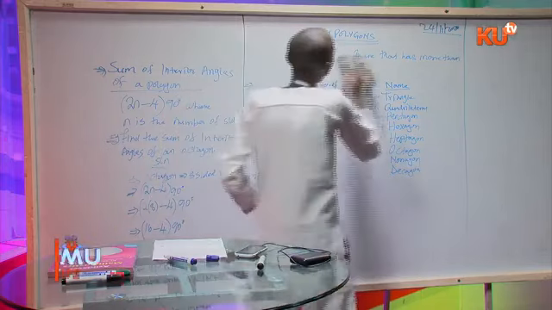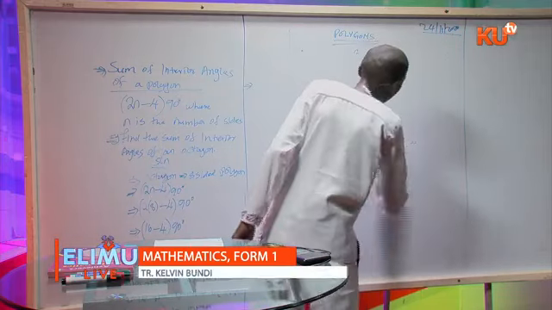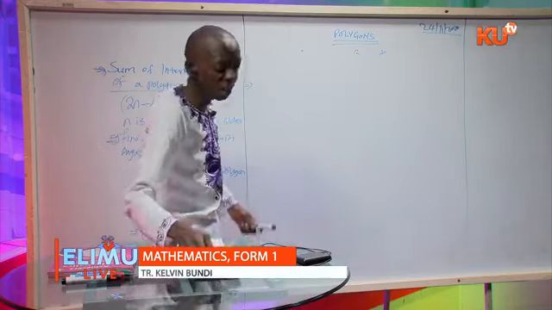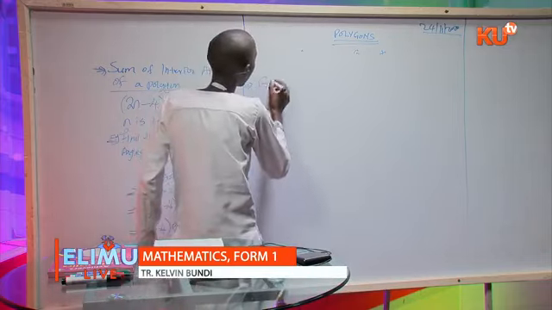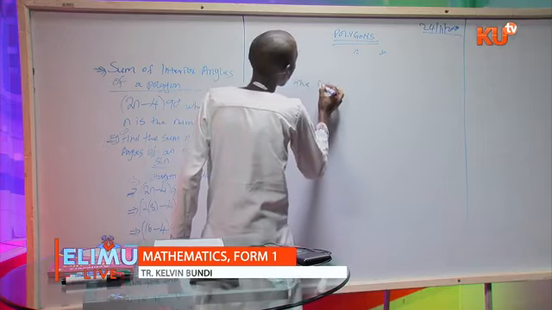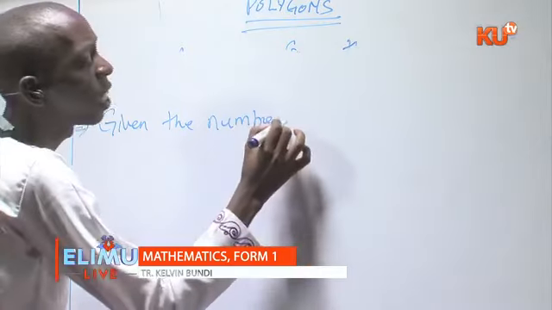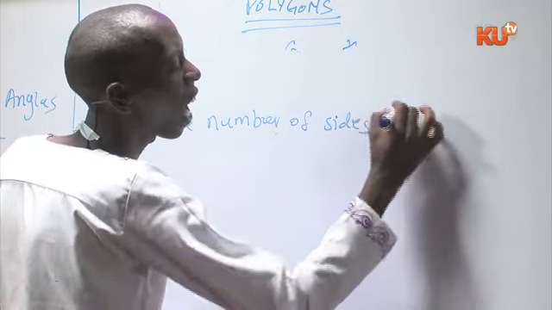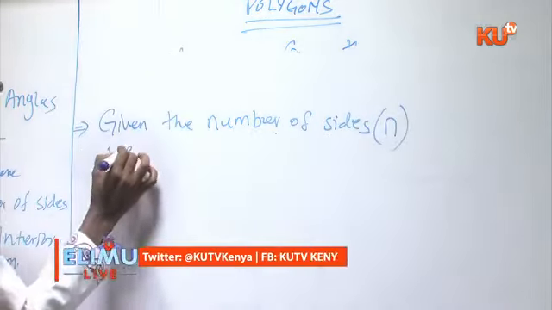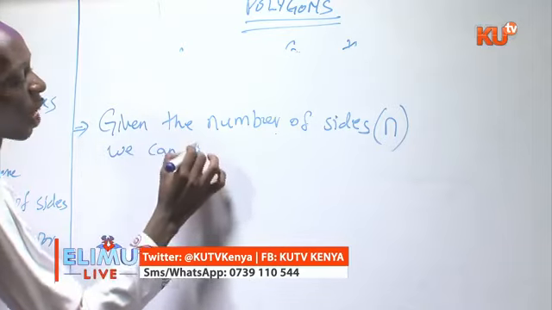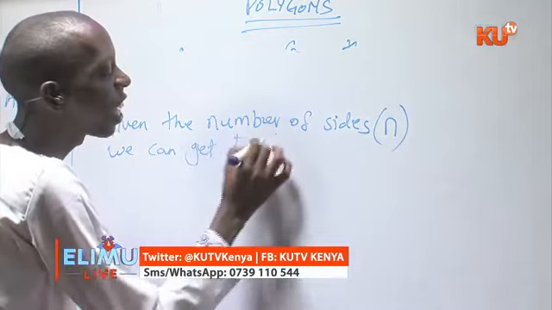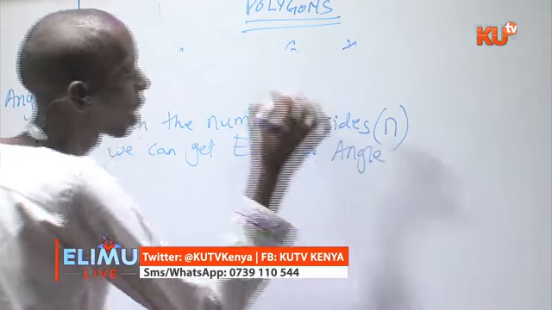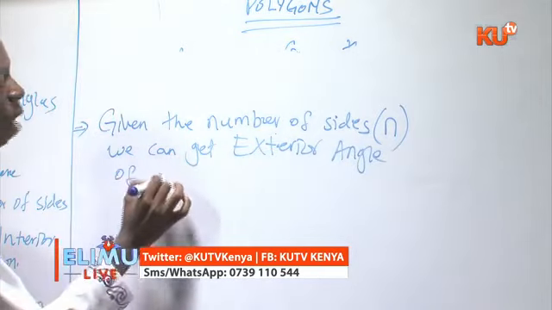Given the number of sides, which we denote as n, we can get the exterior angle of a polygon.